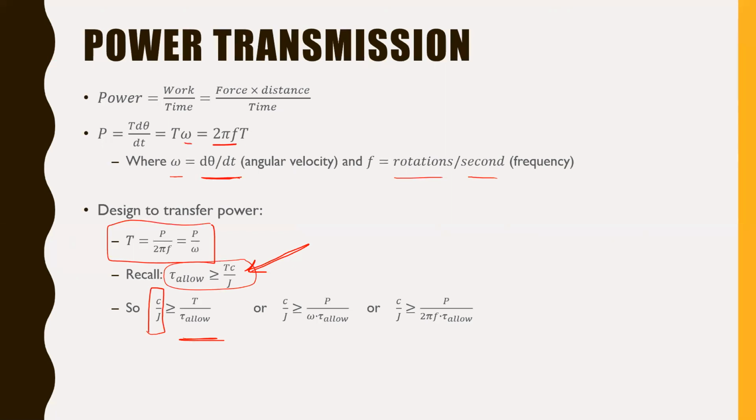I just divided both sides of that equation by torque. And now if I plug in for torque, P over omega or P over 2 pi frequency, I get these two equations. So I have a relationship between the geometric properties of my shaft and how much power I want to generate and how quickly I will rotate that shaft.